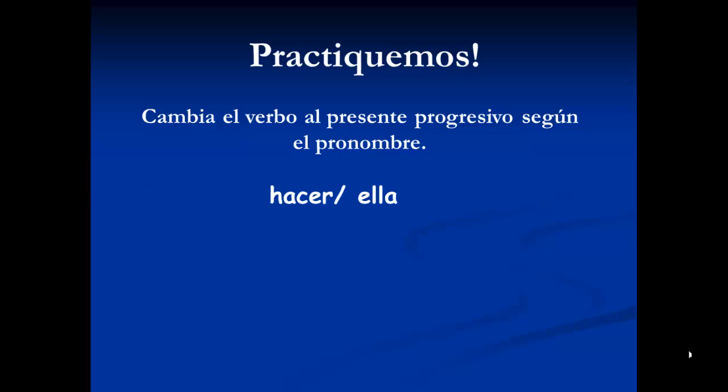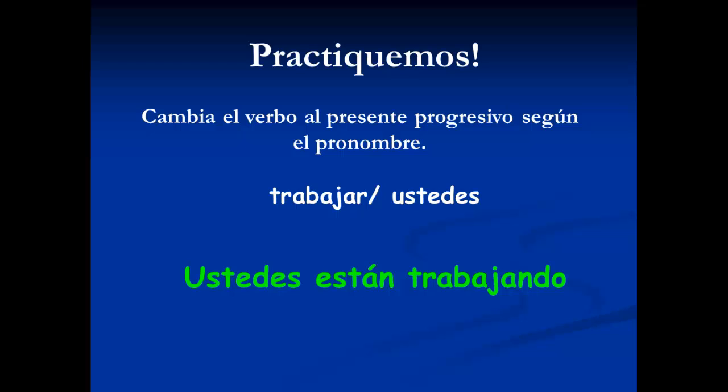Hacer and ella becomes ella está haciendo. Trabajar and ustedes, están trabajando. And again, as we keep saying, if you know what the verb is, all you have to do is change your form of estar and add your present participle using the verb that we give you.